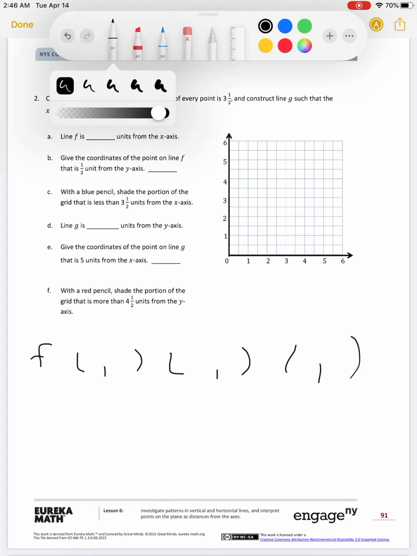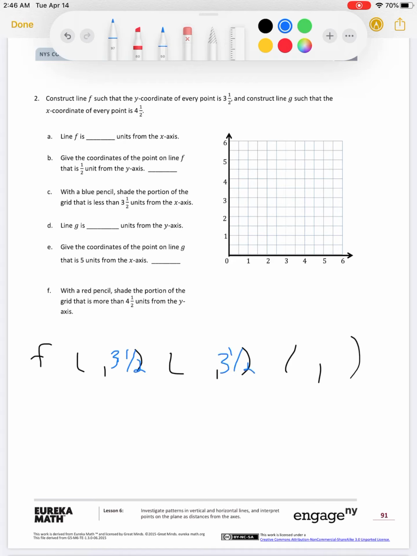Okay, so the first thing they tell us is that all of the y coordinates have to be 3.5, and we know y is on the right side. So that's 3.5 here, 3.5 here, 3.5 here. Now we have wiggle room to create our own x coordinates, but they have to be in a line.